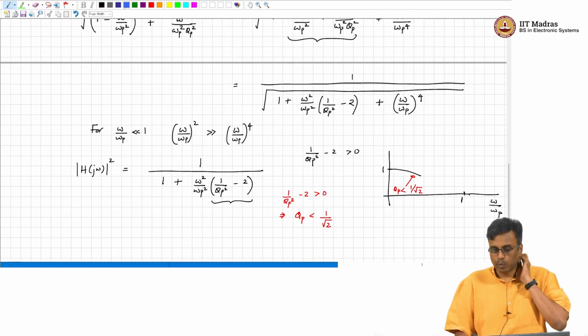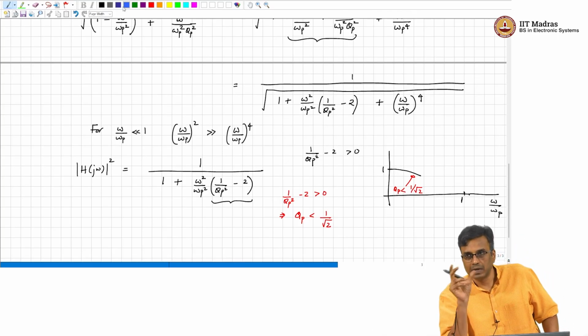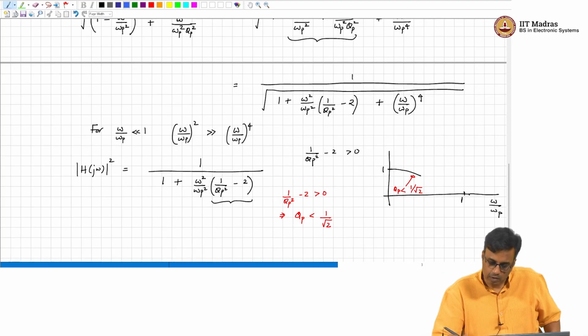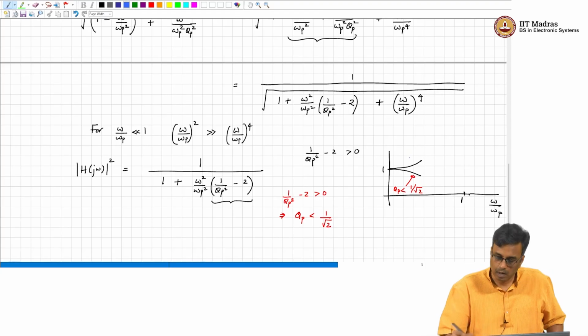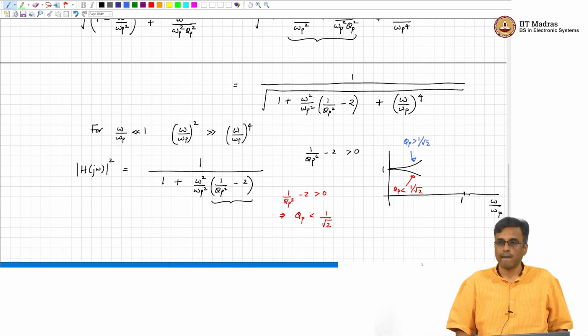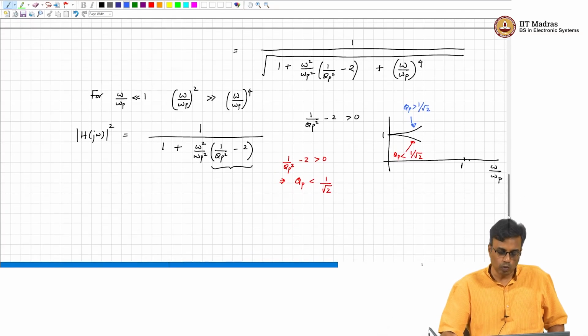The coefficient of the omega square by omega p square term will be negative, and therefore, it will increase. So, this corresponds to QP greater than 1 by root 2, right.